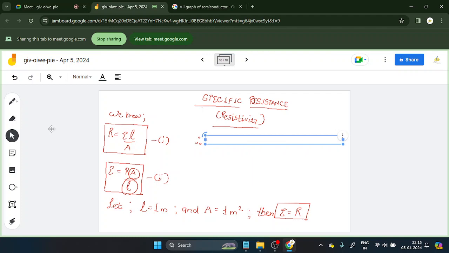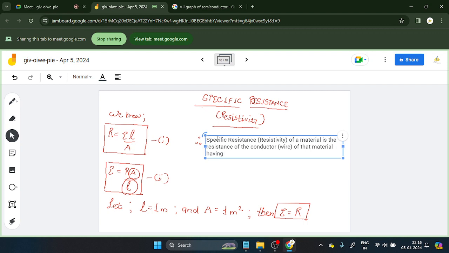We can define it like this: the specific resistance, or resistivity, of a material is the resistance of a wire, or conductor, of that material having unit length and unit area of cross section.